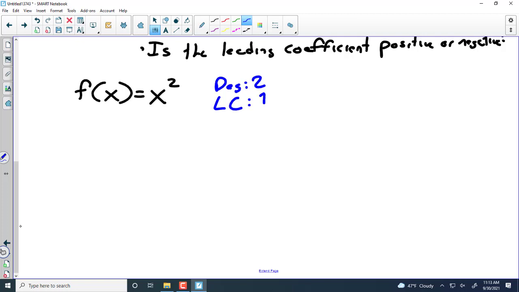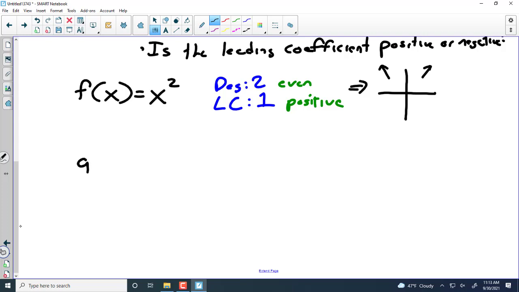What's interesting about those two things is that the degree is even and the leading coefficient is positive. And it turns out that if your degree is even and your leading coefficient is positive, that tells you that you have this type of end behavior, everyone, that you rise on both sides. And is that exactly what our original parabola did? Did it go up on both sides? Yeah.